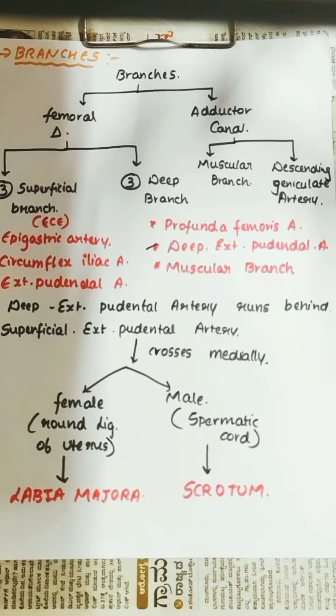Another point to be noted is the descending geniculate artery, which mainly leaves the canal within the vastus medialis and divides into two branches.